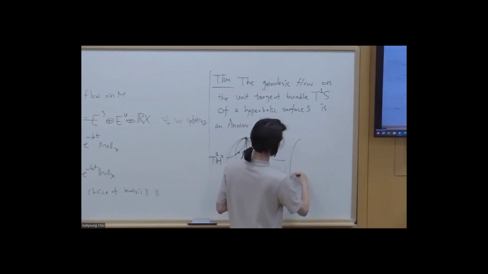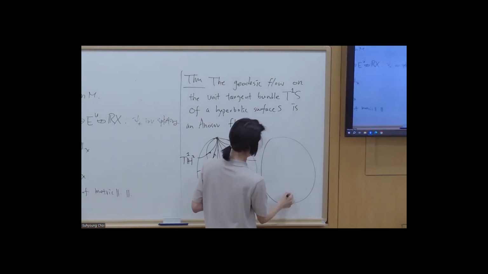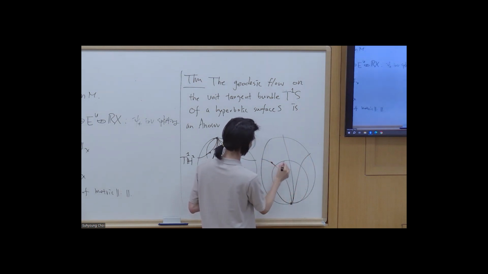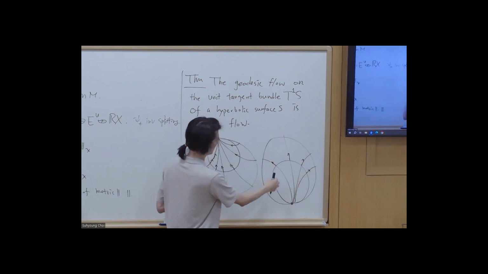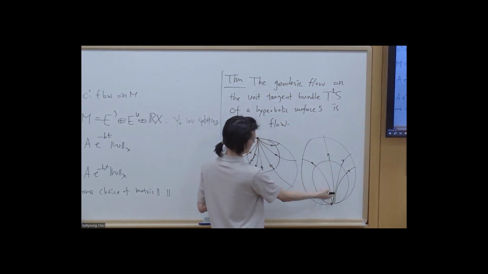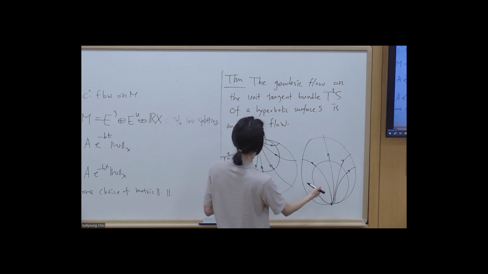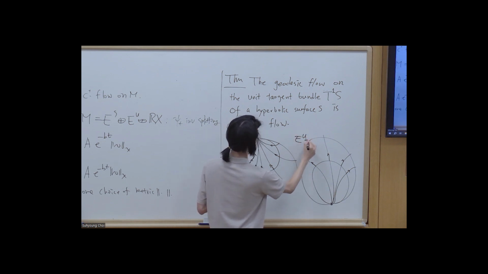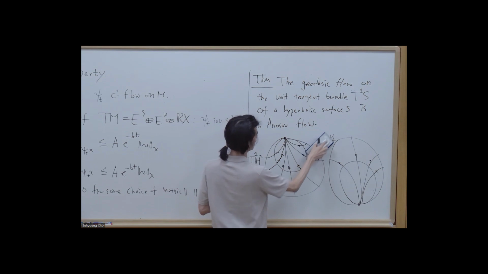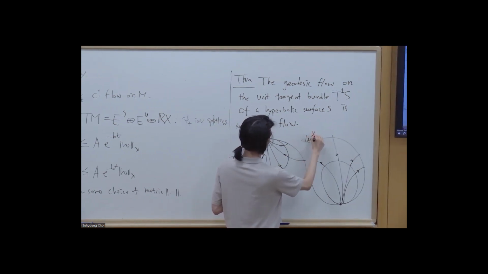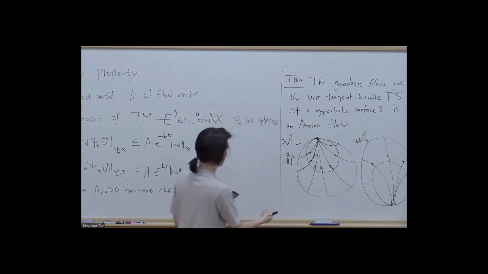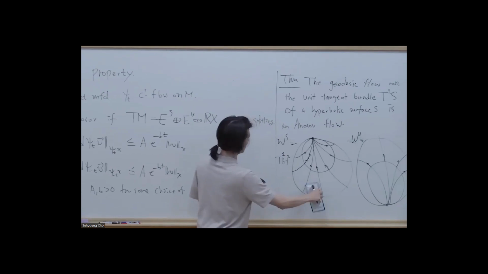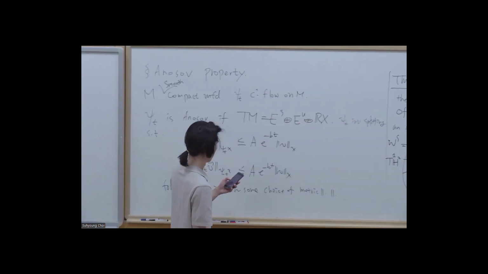On the other hand, if we pick this point, we draw the geodesic cycle here, and we consider this direction. When you flow backward, their relative distance decreases. So this precisely describes the unstable direction. Better to use this notation: this is the weakly unstable manifold, and this is the weakly stable manifold. So this is not a proof, but you can see what's going on behind this theorem.